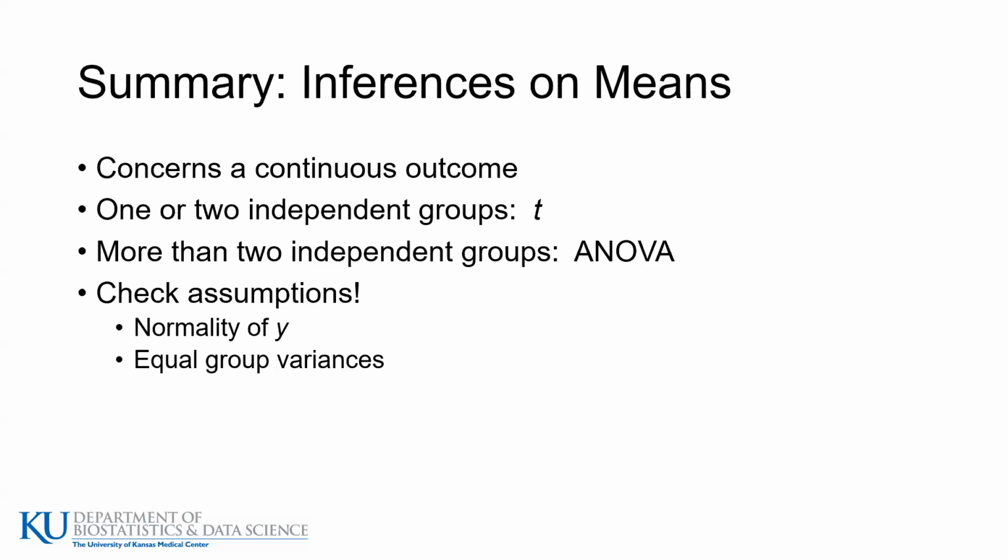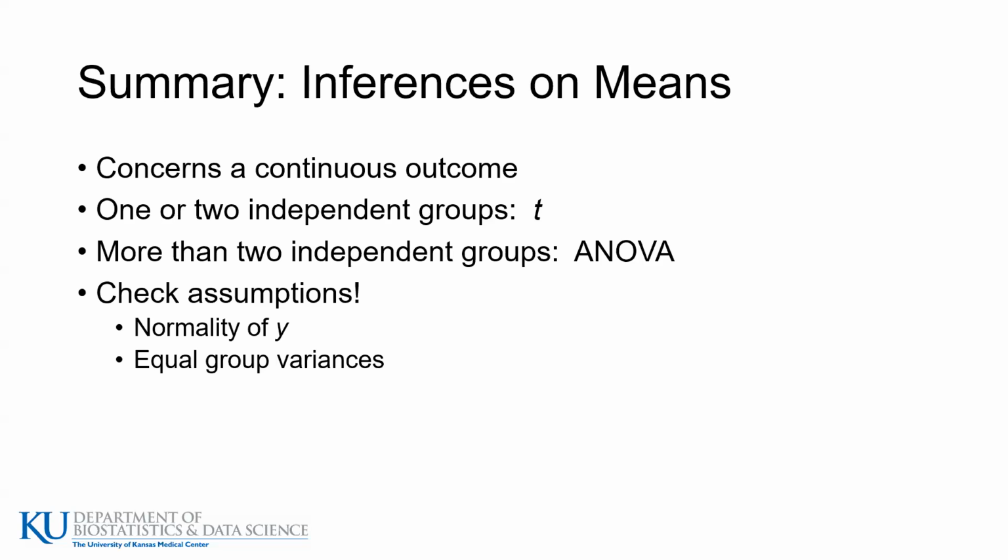One thing to note here is that when you're conducting a statistical test, be sure that you're aware of what the assumptions of that test are. In the ANOVA and the 2-sample t-test, the assumptions are that our response variable is approximately normal, and that the variances are approximately equal.